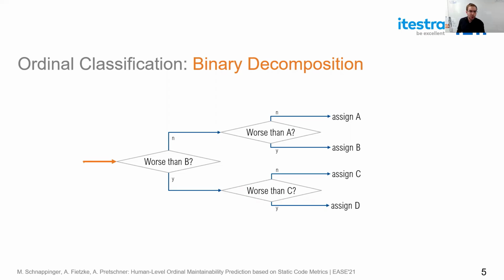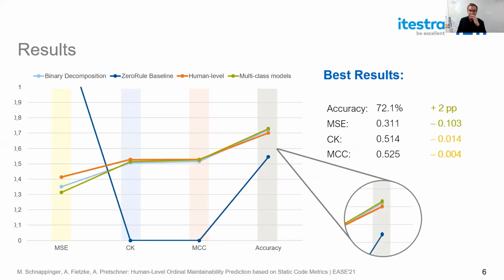Now let's fast forward to the results of our experiments here. And for that, we compare the binary decomposition results, the multi-class classifiers that I introduced the slides before, so random forest, gradient boosting, and so on, and compare them to 2 baselines, one being the human level baseline as the orange line, and a zero rule baseline as the blue line, which is a bit off here in the chart.